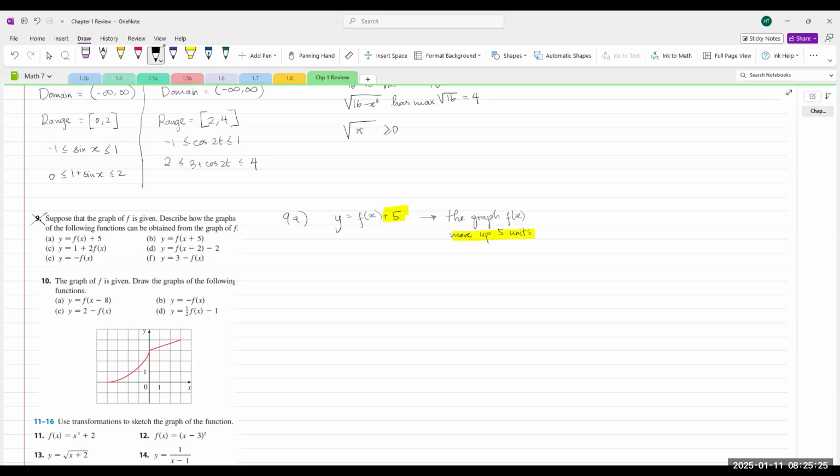Part B, how about y equals f of (x plus 5)? If you replace x by x minus c, then it will move to the right c units. If we replace x by x plus 5, this will move left 5 units.